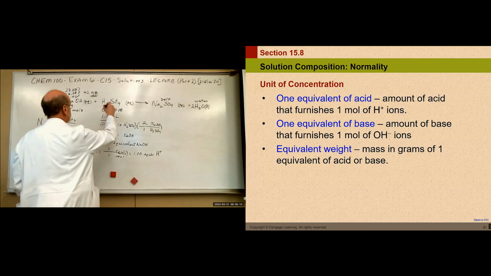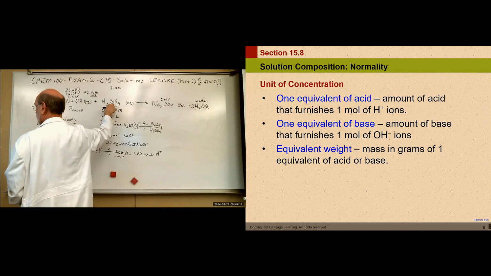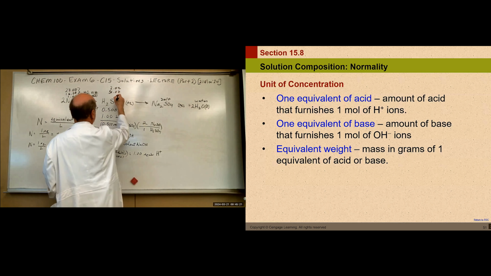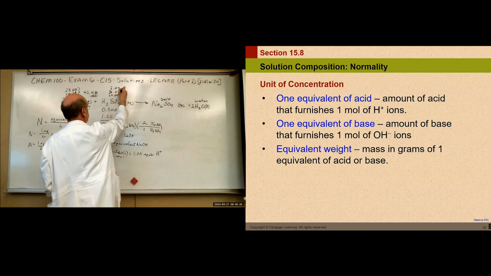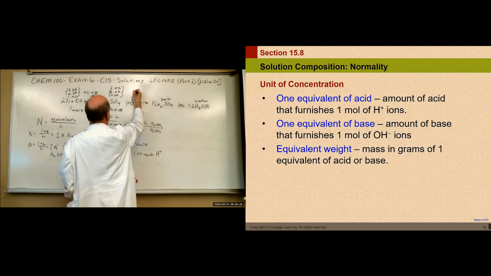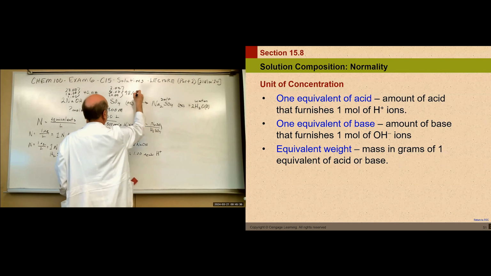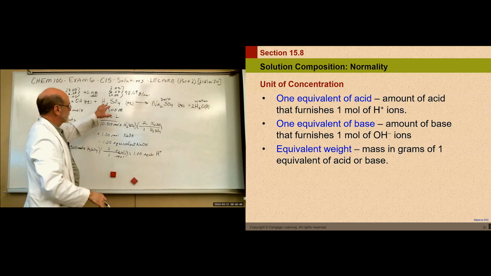Sulfuric acid would be 2.02 for the hydrogens. Sulfur is 32.07. And 4 oxygens is 64. So we have 98.08 grams per mole of sulfuric acid.